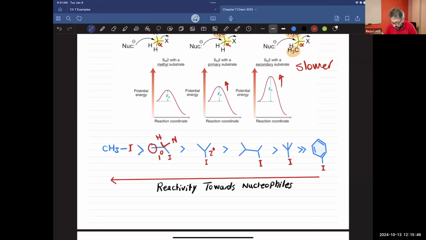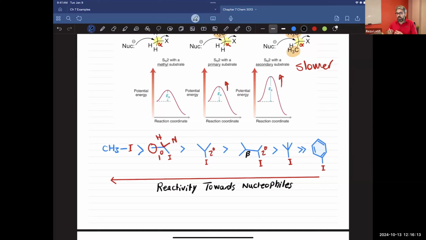And how about this one? This one is still a secondary, but the difference between them is that on the beta carbon I have a substituent. So that means if you increase the steric effect on the beta carbon, not just the alpha carbon by itself, you're going to reduce the speed of the reaction.